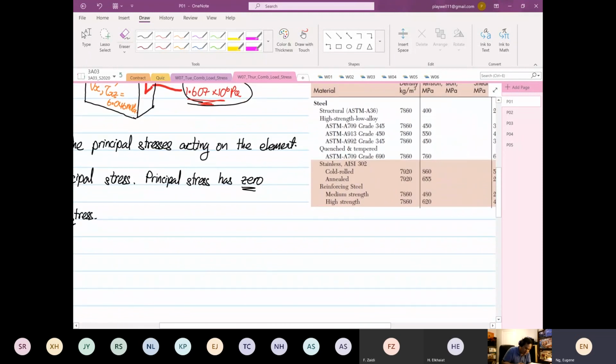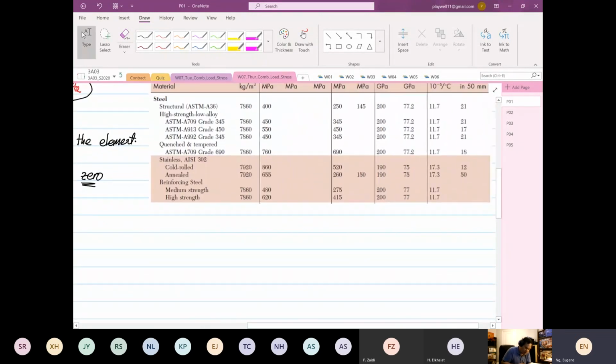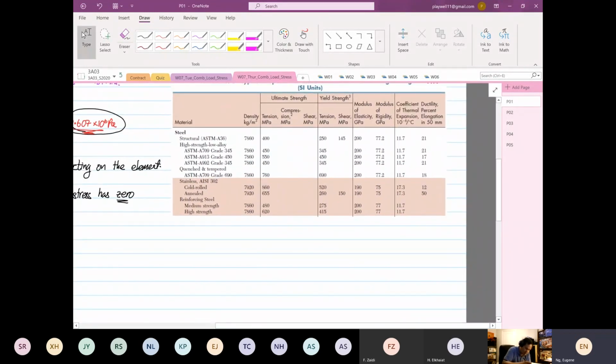If we focus on the material behavior, let's say we focus on the tensile test. When we do the tensile test, we have our element.